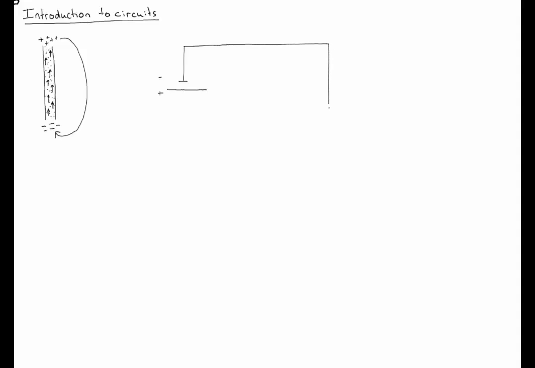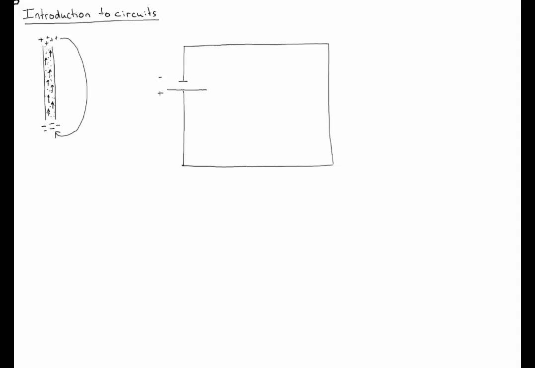And if we draw it like this, we've got basically a wire joining up the positive and the negative end. Now positive is longer, the symbol is longer than the negative. We've basically got one wire which is attaching the positive and the negative ends of the terminal.